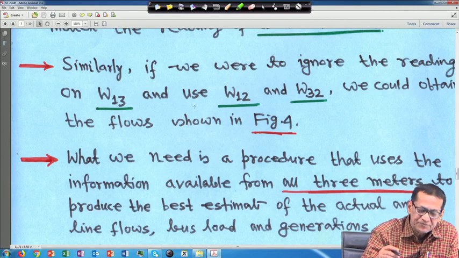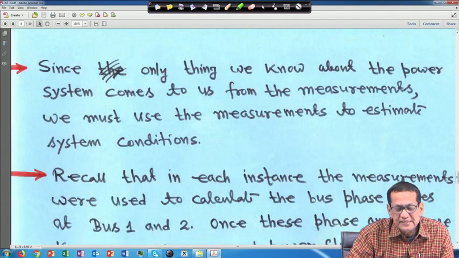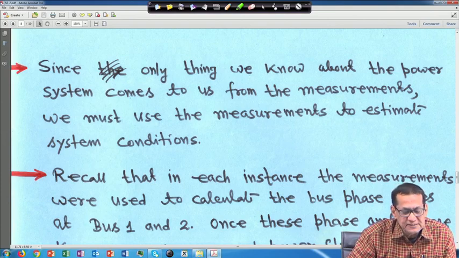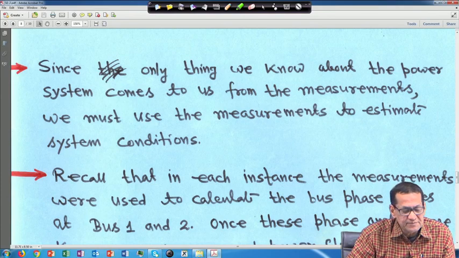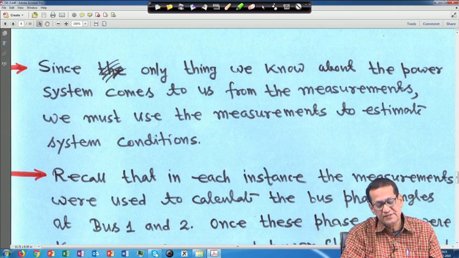Since the only thing we know about the power system comes to us from the measurements, we must use the measurements to estimate system condition, right.